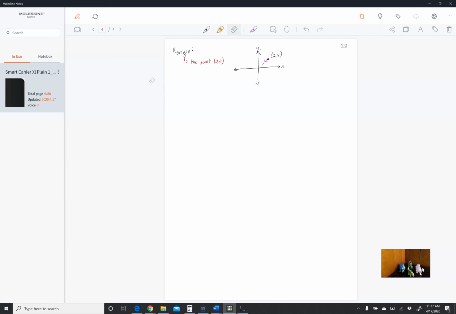And you're going to be on the opposite side, equidistant away. Well, that means that this distance is the same. So this distance is the same. But one is positive and one is negative. So this is going to be a -2.